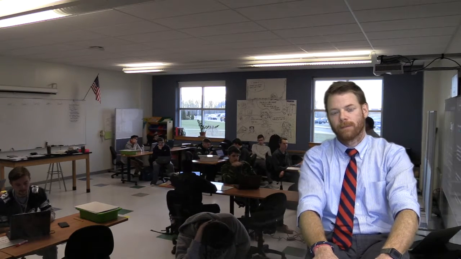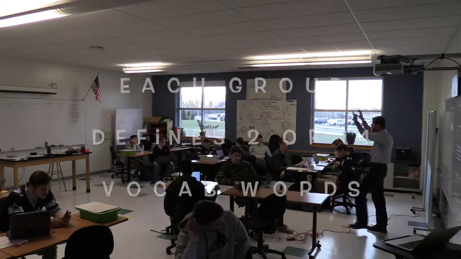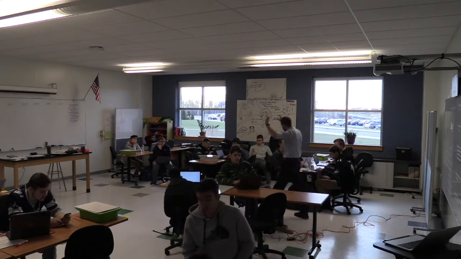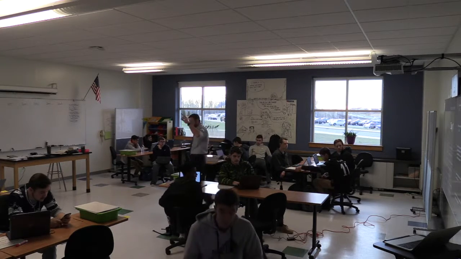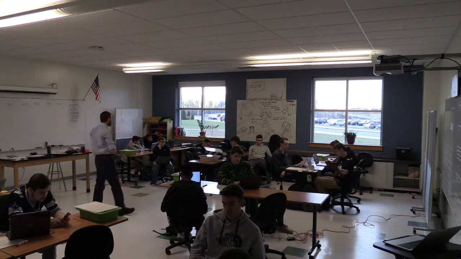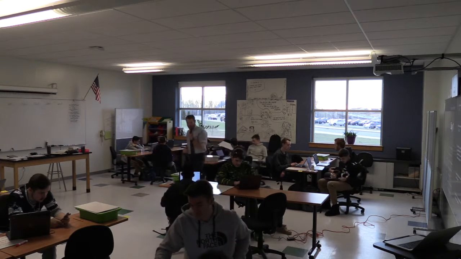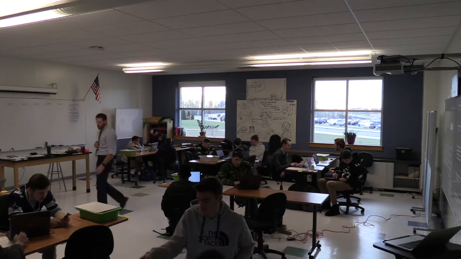Find a definition on the internet and write the definition of the 2 words that you have. Make sure you put the word at the top of your whiteboard. So as a group, very quickly, you have 2 words, they're right there. Find a definition on the internet, write it neatly on your 2 remaining whiteboards. If you're confused about definitions, let me know.